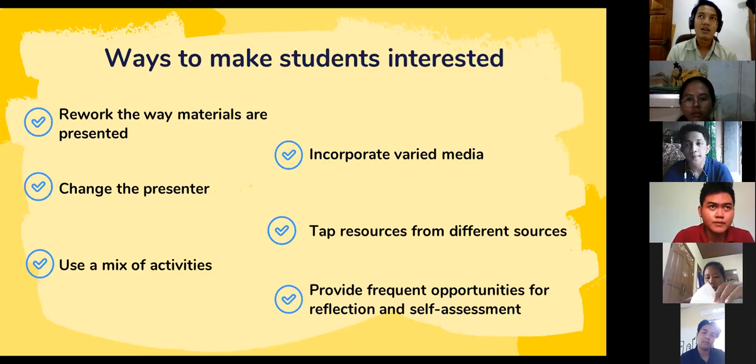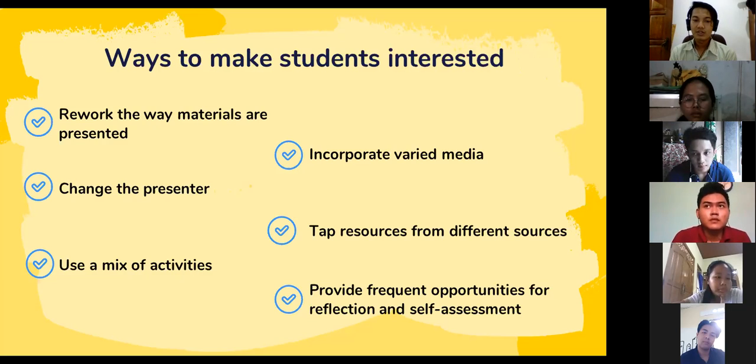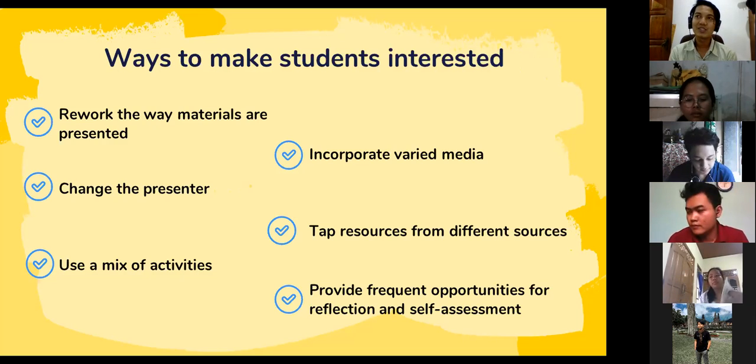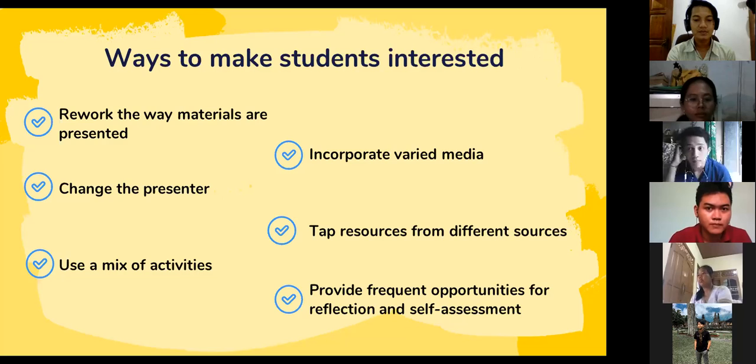For example, the teacher applies activities that ask students to analyze and collaborate, so students can communicate with each other and not just read or listen.